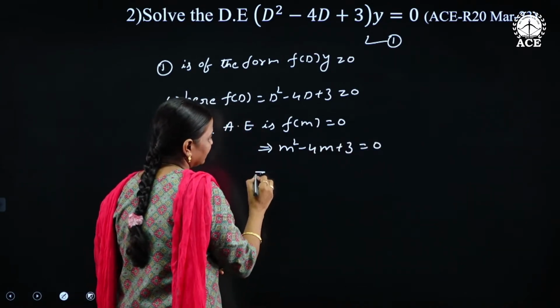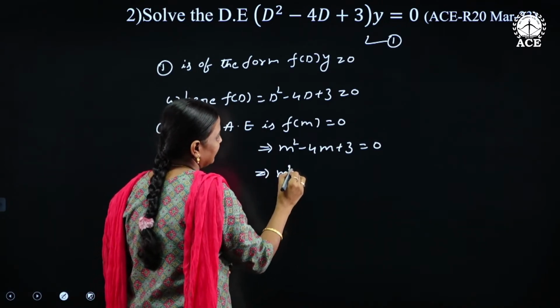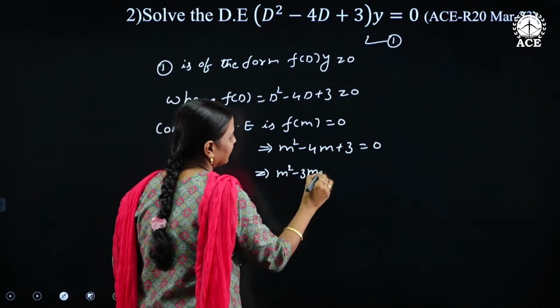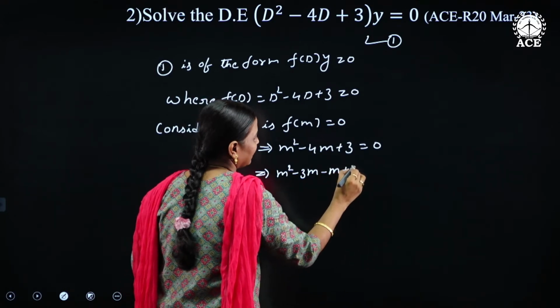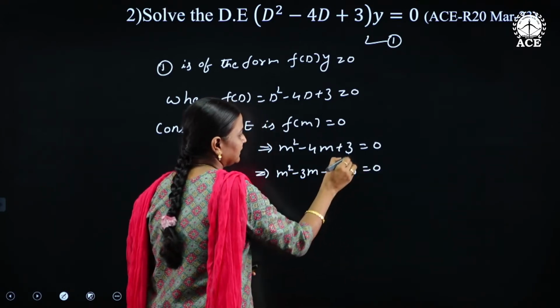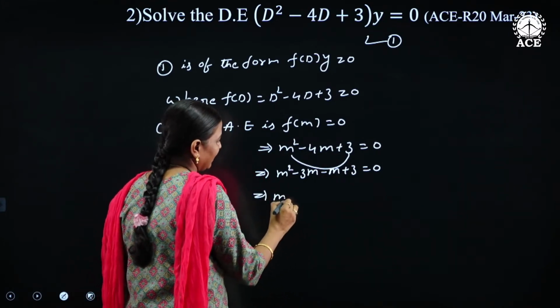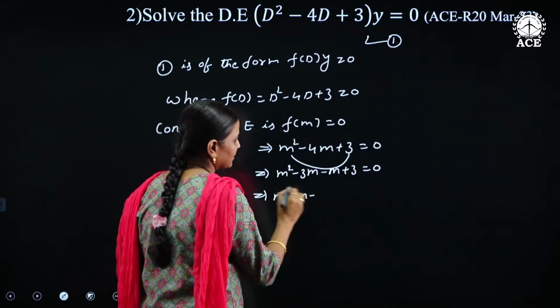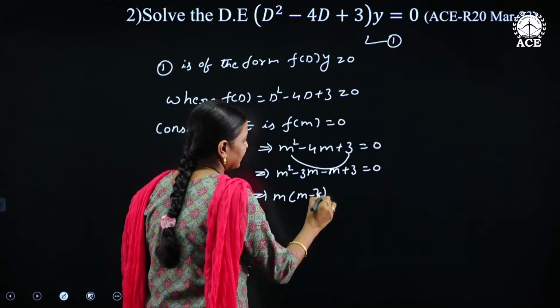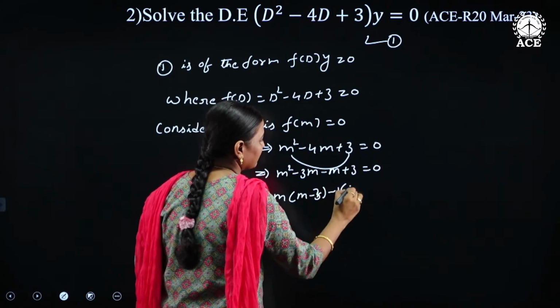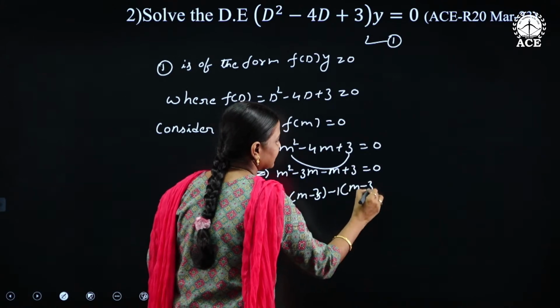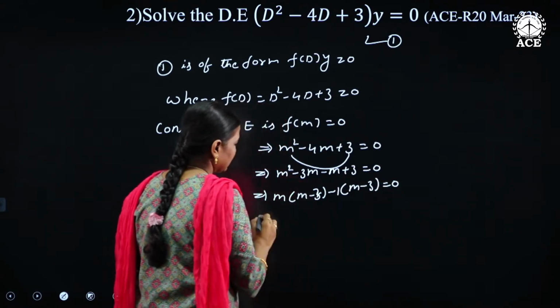So, how to find the roots? This can be written as m square minus 3m minus m plus 3 is equal to 0. If we take m common from the first two terms, m minus 3. Next, if we take minus 1 common from the next two terms, m minus 3 is equal to 0.